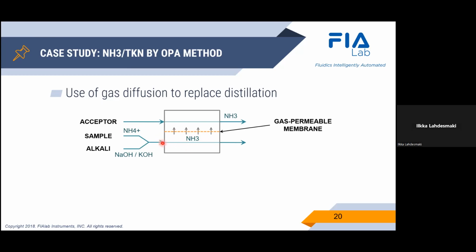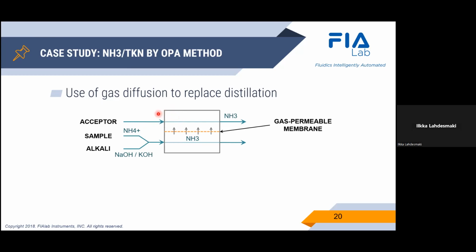Once that alkaline solution enters the donor compartment, it comes in contact with the gas permeable membrane, and now volatile ammonia can diffuse across the membrane over to the acceptor side, while all the liquid and solid components in the sample are just going to go straight through the donor chamber into waste.